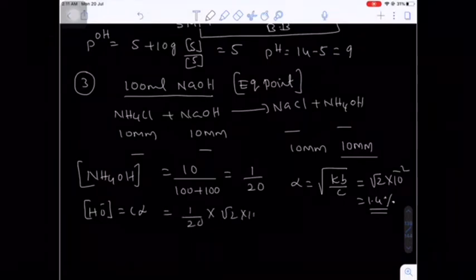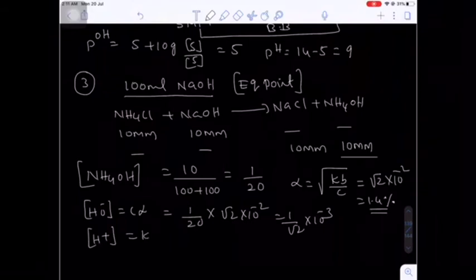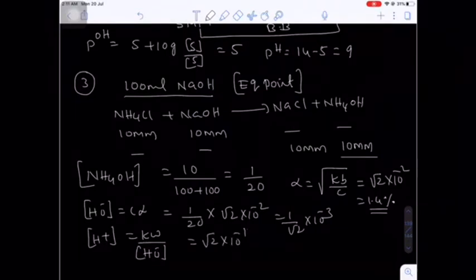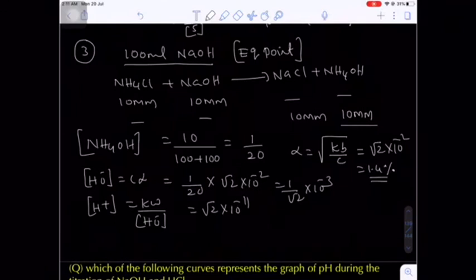Now from here, what is the OH minus ion concentration? That is equal to C into alpha. What is the C value here? 1 upon 20. What is the alpha value? Root 2 into 10 raised to minus 2. From here you have 1 by root 2 into 10 raised to minus 3. From here we can find the H plus ion concentration, that is equal to Kw by the OH minus ion concentration.